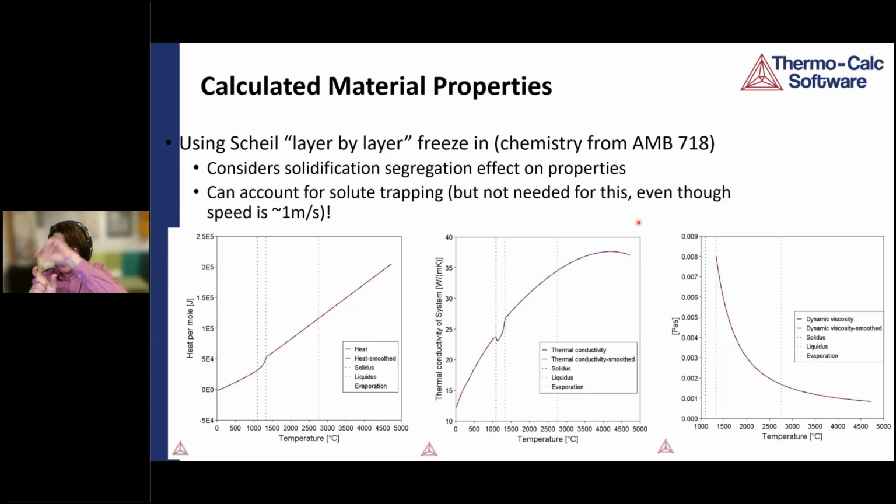Each slice of that dendrite has a different chemistry, and so each slice has different thermophysical properties. We have a way to average those together and create an aggregate thermophysical property data set that is basically of the dendrite. So we have the dendrite's thermophysical properties from solidification to room temperature.